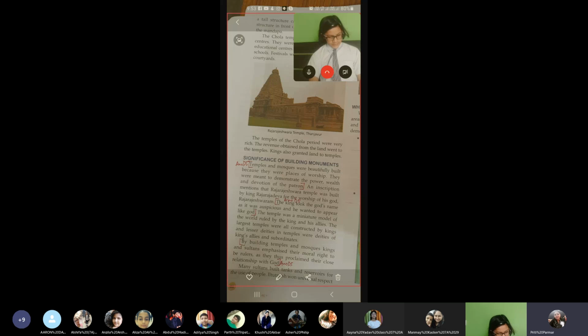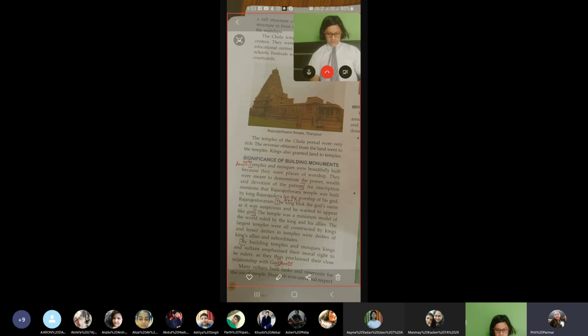Apart from worship, they were the means through which the king could show his power. The more enormous and huge the temple was, it showed that the king was very powerful, and it could have more patrons. Patrons means the ones who could worship. So they showed the devotion of the patron.